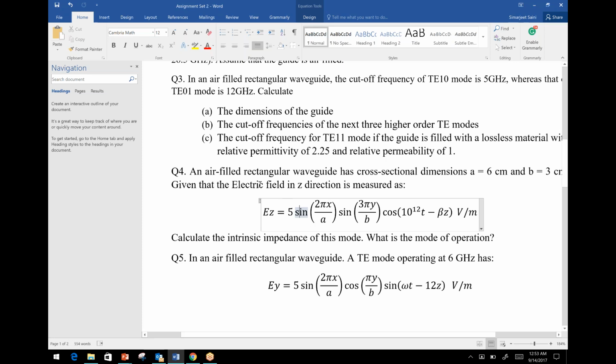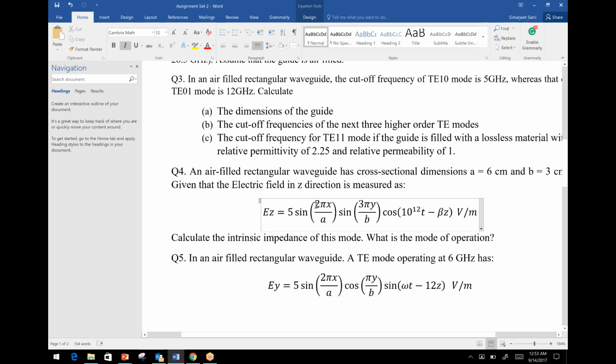So in the first case, it says that you have an electric field in the z direction given by a term 5 sine(2 pi x by a) sine(3 pi y by b). Calculate the intrinsic impedance of the mode and what is the mode of operation. Because you have been given the Ez term, that should automatically tell you that this mode has to be a TM mode.